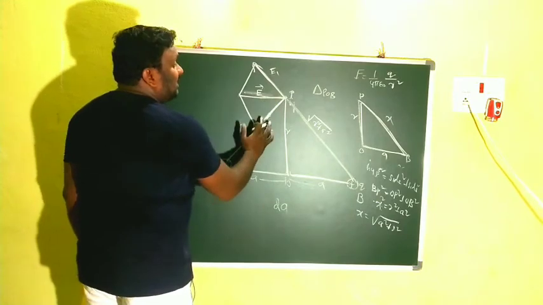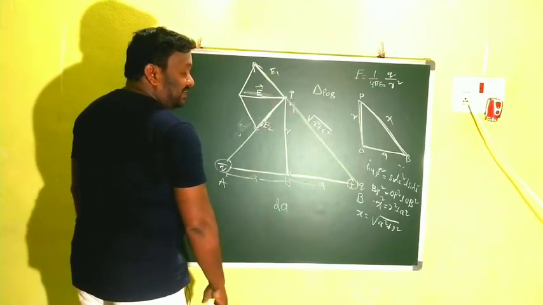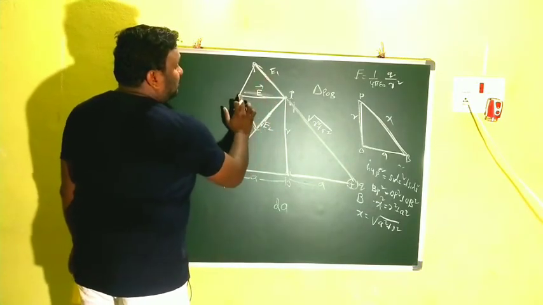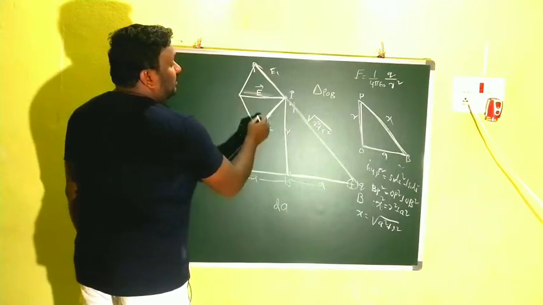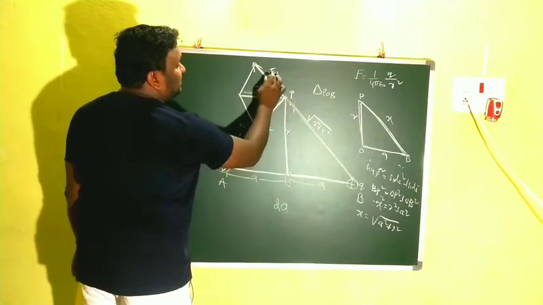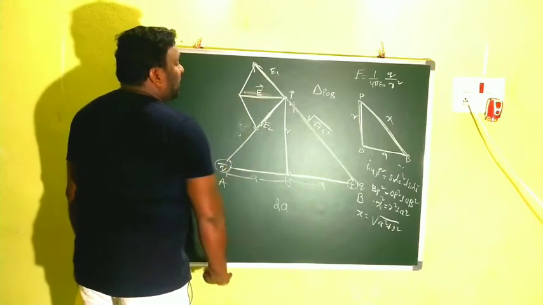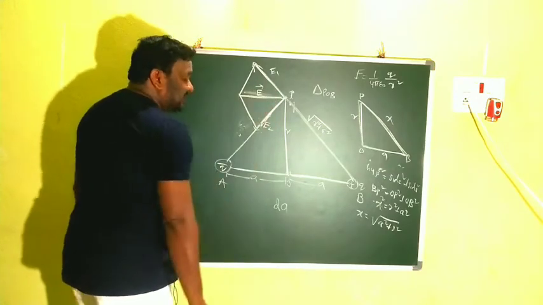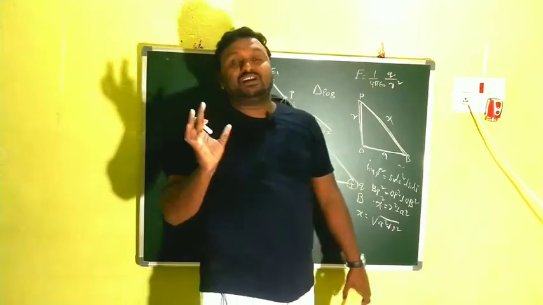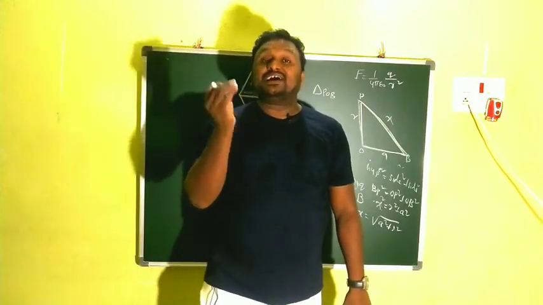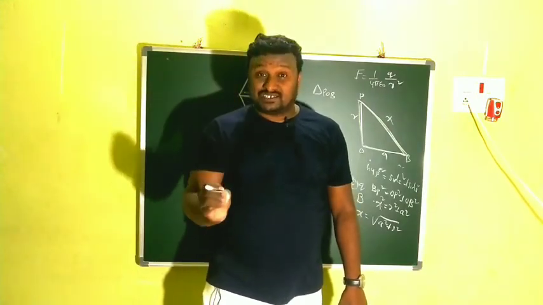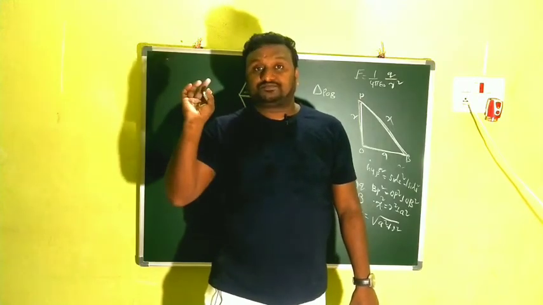These two are taken as adjacent sides of a parallelogram. Then E is the resultant of these two, I mean E is the diagonal of the parallelogram. That's why E should be taken as the resultant electric field intensity that we have to measure.